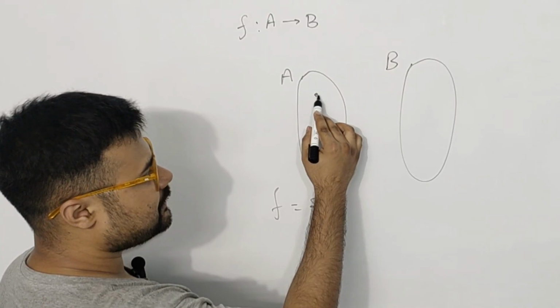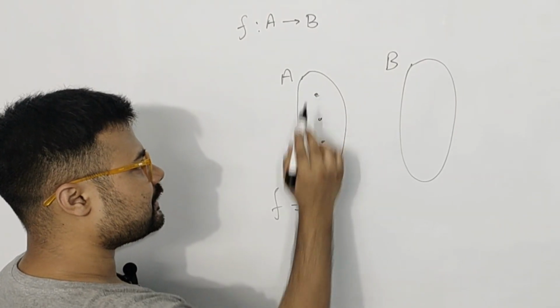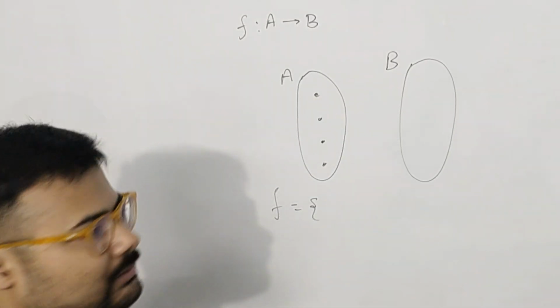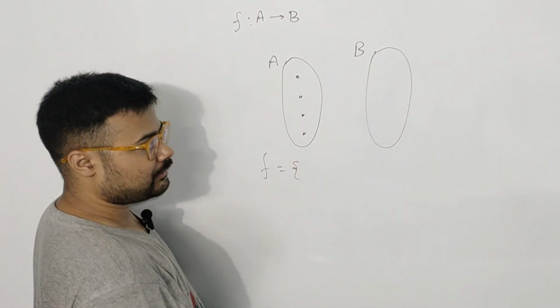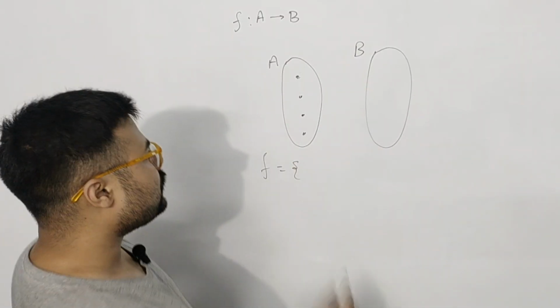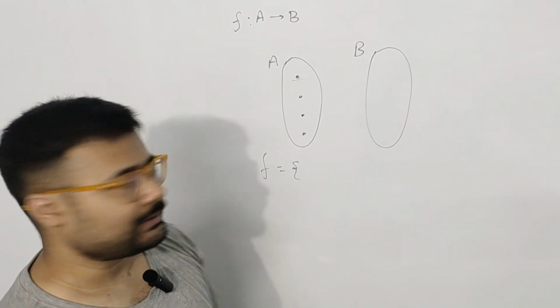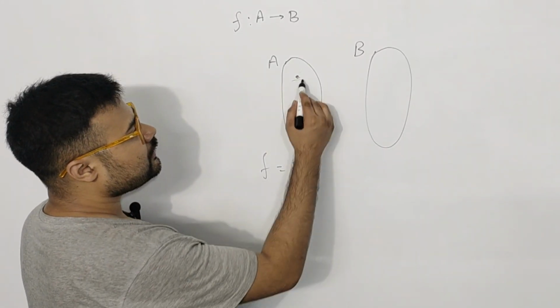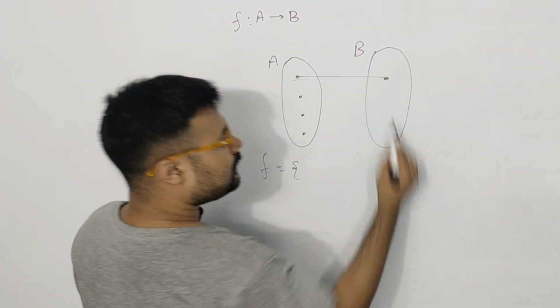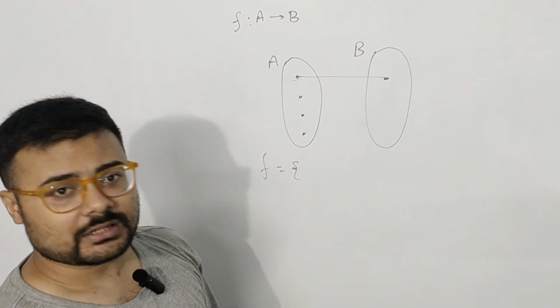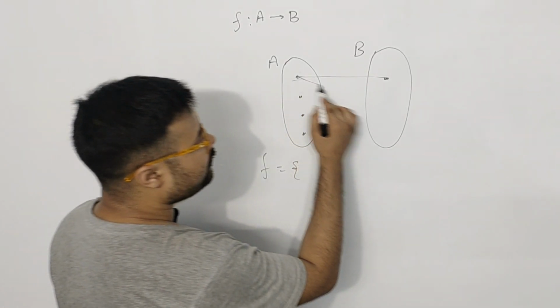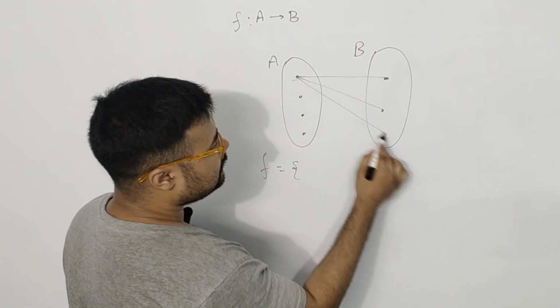Let's say I am taking this element. It may not form an ordered pair. This is one possibility. The other possibility is that it may form an ordered pair. Another possibility is that it may form multiple ordered pairs.